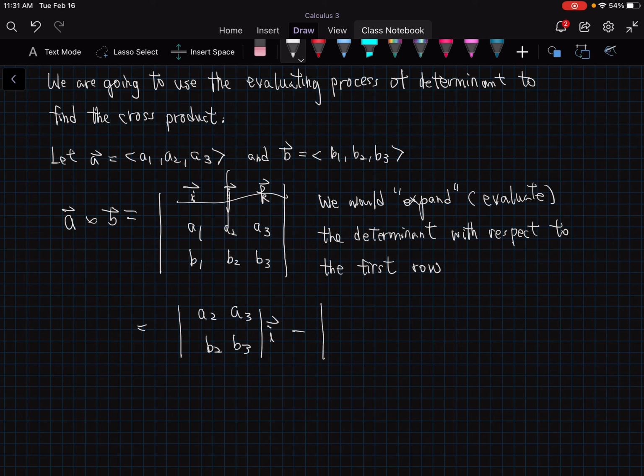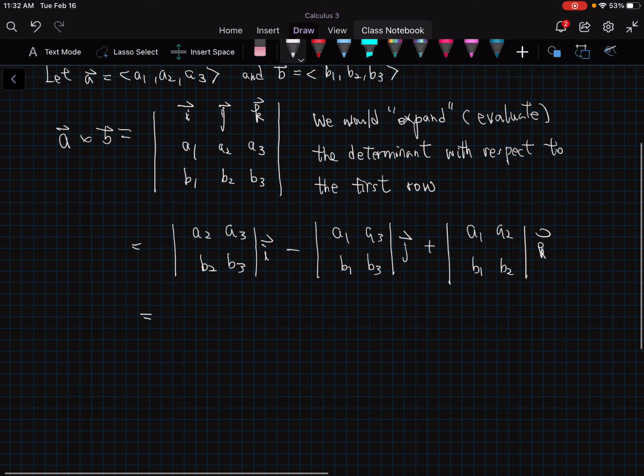For J, you cross out these two, so it will be A1, A3, B1, B3, J, plus the last one, K. I think you're familiar with that by now. So A1, A2, B1, B2, K.